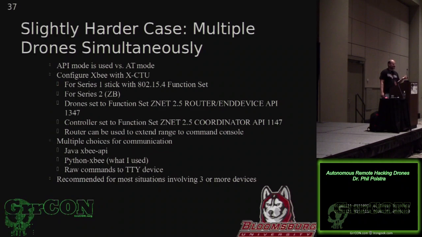I recommend that your command console is the coordinator. And then every drone can either be a router or it can be an end device. Right? The advantage of it being an end device is that it can go to sleep. Right? Routers, coordinators don't get to sleep. So if you want to save power, it's nice to configure stuff as an end device when you can.